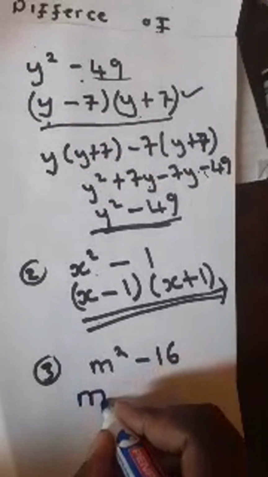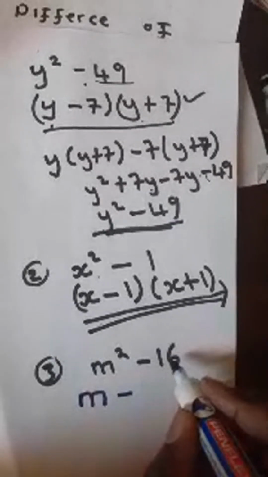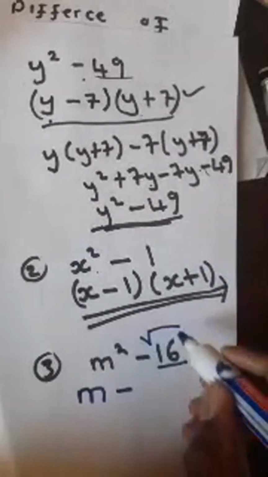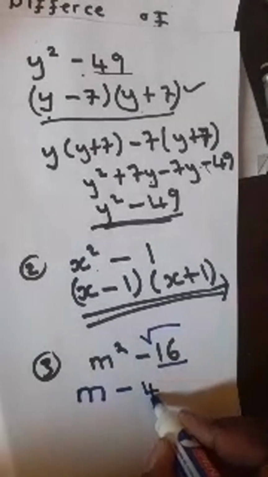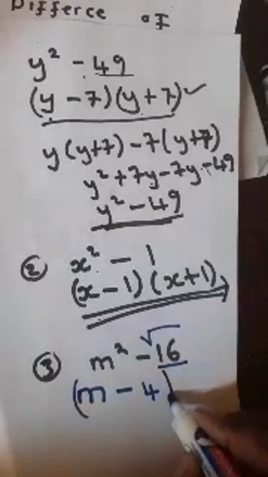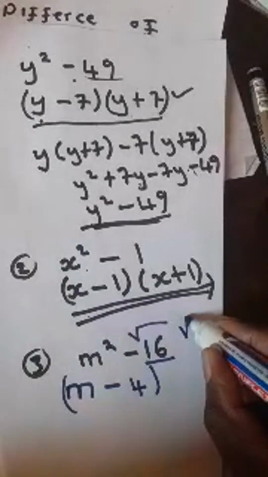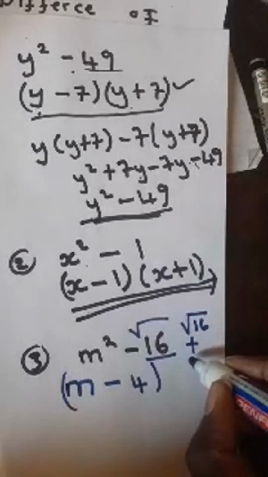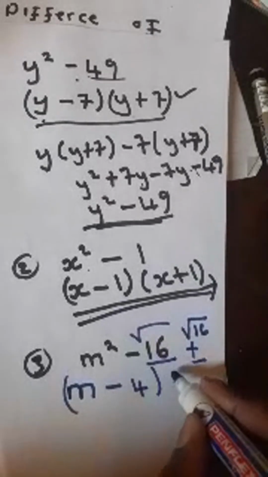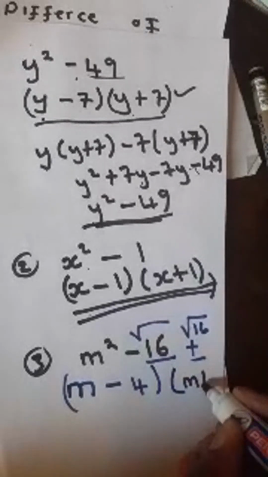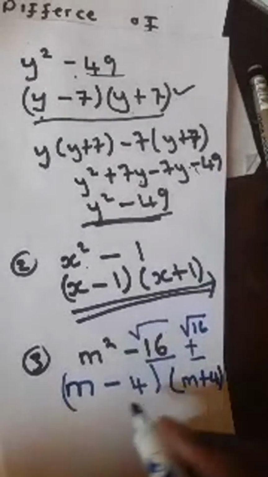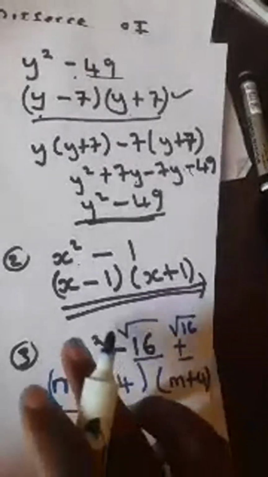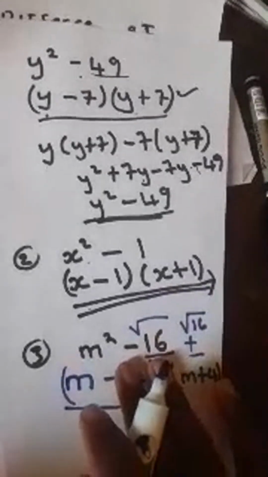It will be m minus the number that we multiply 2 times to get 16, or the square root of 16. You get 4. You should always know that every number which comes out of a square root will be a plus or a minus. So the next bracket will be m plus 4. So we factorize m squared minus 16.